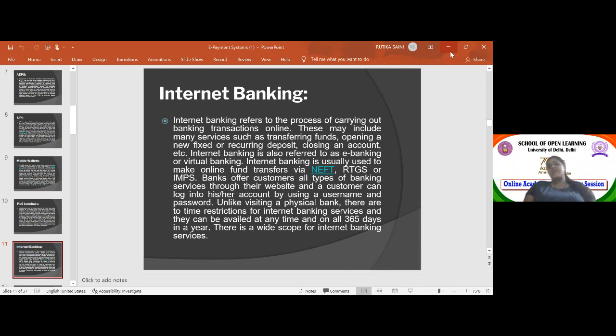Here we have listed out some of those services like transferring funds, opening a new fixed or recurring deposit. You can also close an account. The internet banking is also referred to as e-banking or the virtual banking.